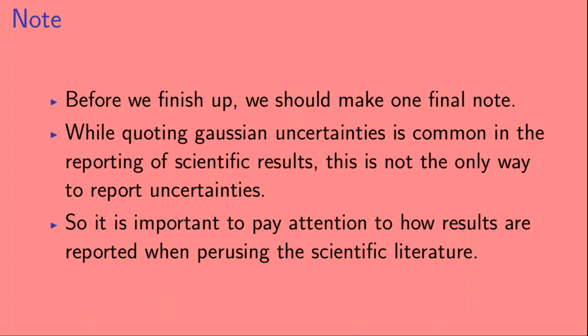Now, before we finish up, we should make one final note. While quoting Gaussian uncertainties is common in the reporting of scientific results, this is not the only way to report uncertainties. So it is important to pay attention to how results are reported when perusing the scientific literature.